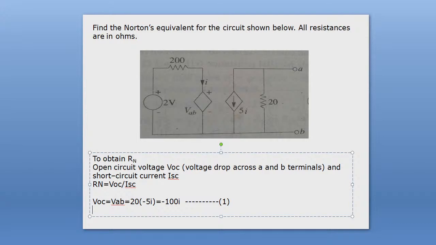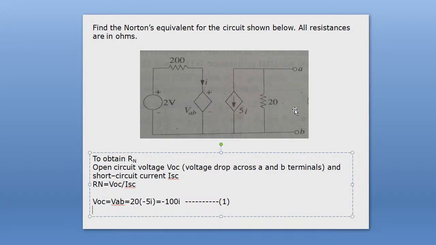Now you solve the short circuit current ISC. What will be the value of short circuit current for this circuit? If you make a short between the AB terminals, then this is also shorted out, and VAB equal to 0.